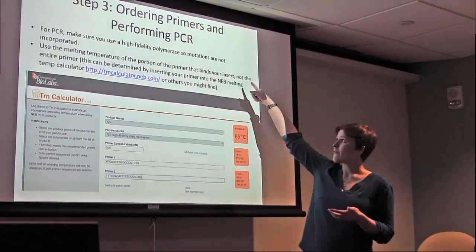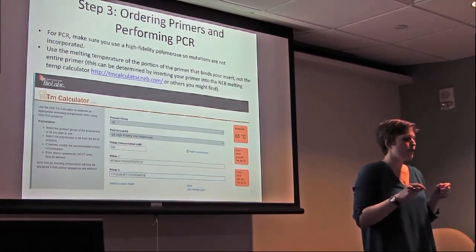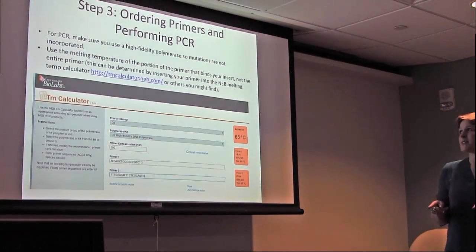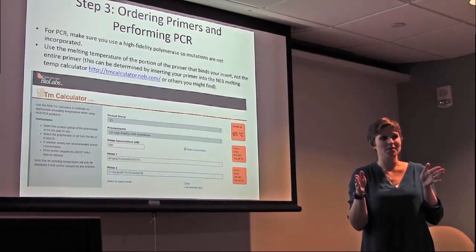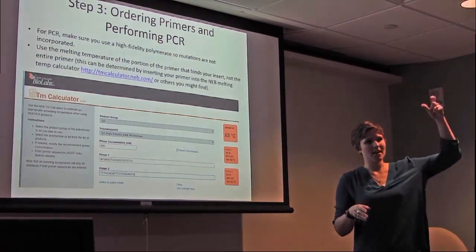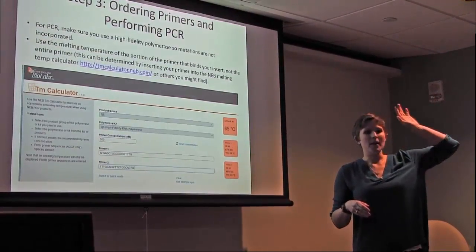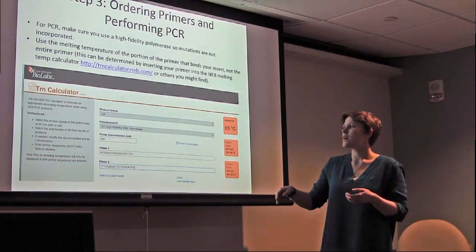So make sure you get a high fidelity polymerase, and then for your actual PCR amplification, use the melting temperature of the portion of the primer that's actually binding to your gene of interest. Remember, we added that restriction site and a couple of extra amino acids. That doesn't need to be incorporated into your math when you're designing your primers.